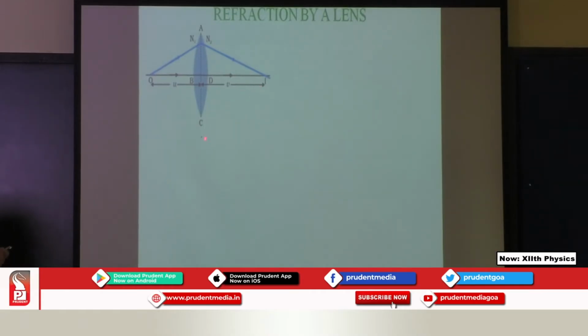Look carefully at the figure, the ray diagram. We have got the lens, the principal axis. Here we have got the object, the point object, and forming the image at I, U the object distance, V the image distance. And this is the path of the ray of light.